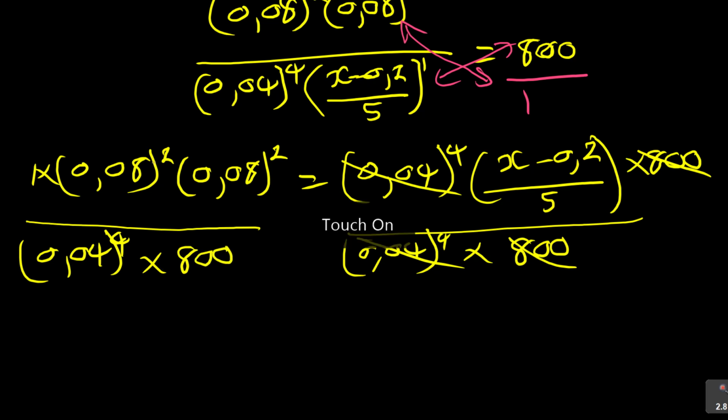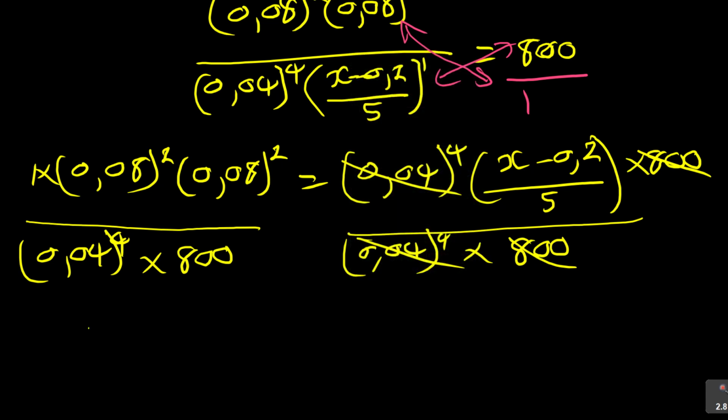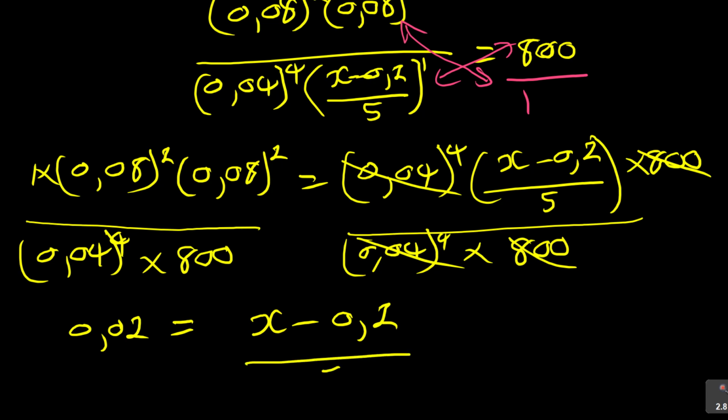Then at that moment, calculator would come handy to say 0,08 squared times 0,08 squared over 0,04 to the power of 4 times 800. 1 over 50, 0,02. So 0.02 is equal to x minus 0.2 over 5.